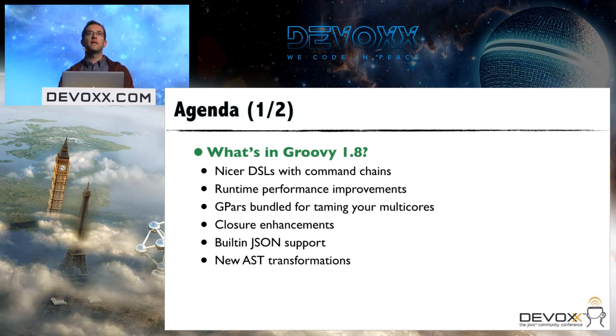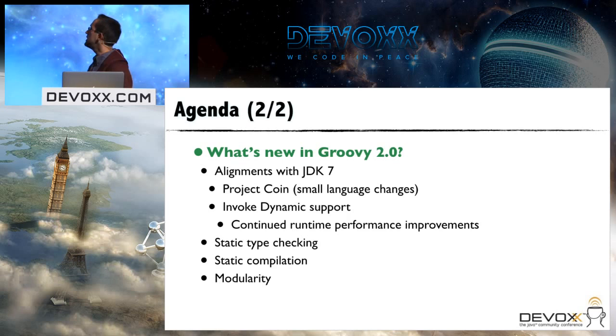Who's using Groovy 1.8, actually? And who's already using Groovy 2.0? Okay, good. So let's say 2/3 on 1.8 and 1/3 on 2.0. So some key features of Groovy 1.8, and then we'll cover all the new features in Groovy 2.0.